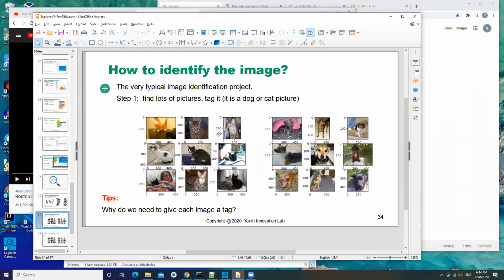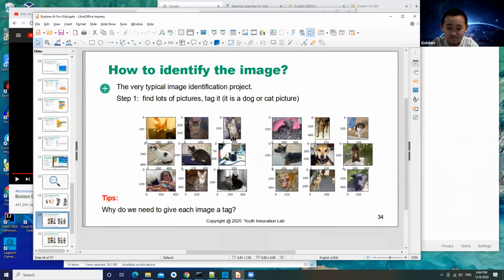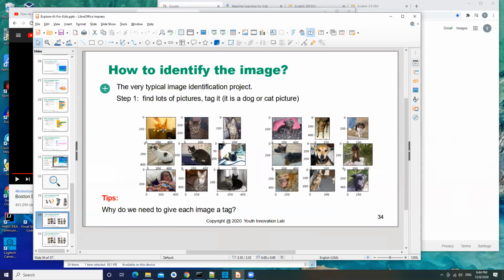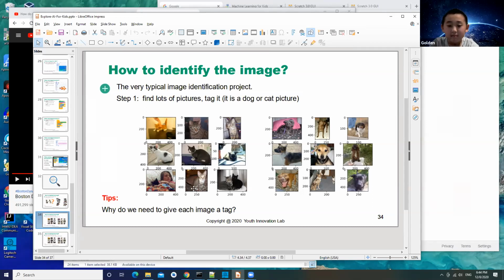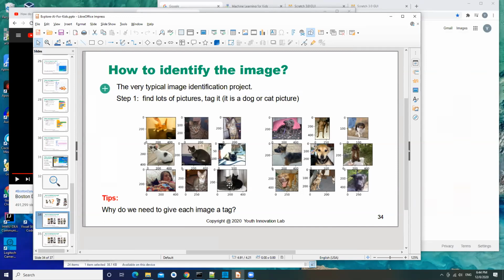Just thinking about if you are a baby, you see each one of these, and somebody just tells you that's a cat, that's a cat, that's a cat, that's a cat. So every time you see this picture, you train your brain one more time. You just say this is a cat, right?